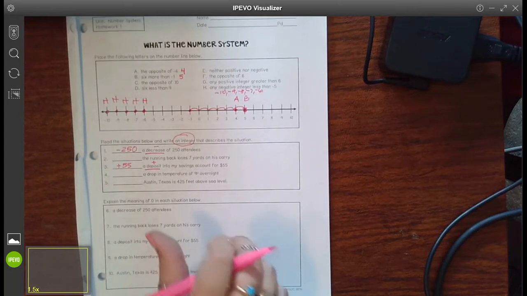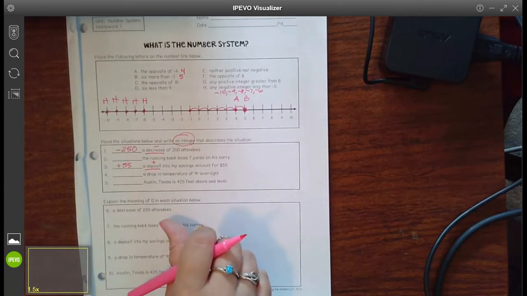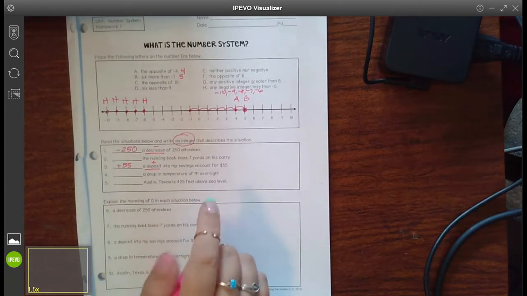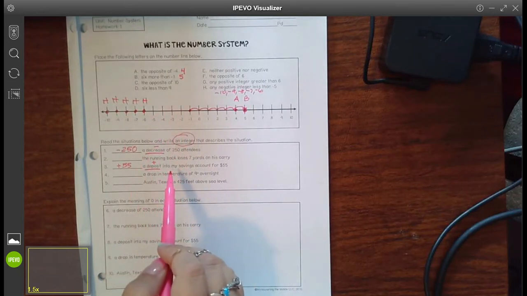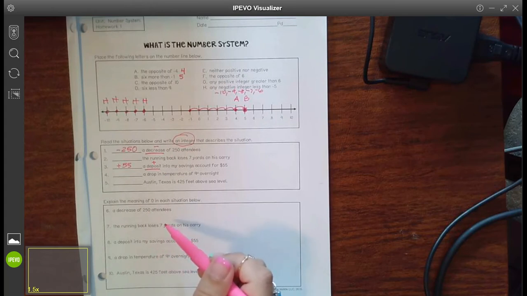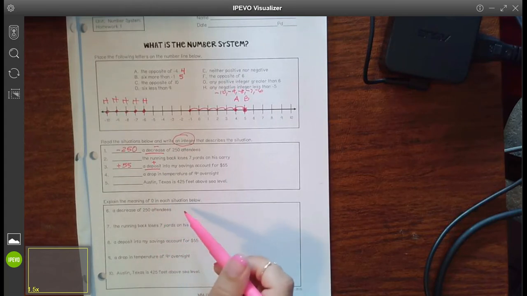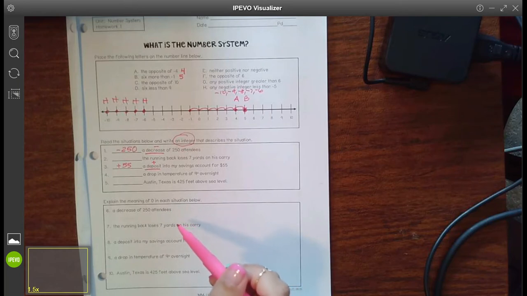Now, this bottom section, how we do this one, it's a little weird. And to be honest, we're probably only going to have the top and middle section on our quizzes and tests. This one's a little bit funky. It's just something to make you think. And what it's asking you is explain the meaning of 0 in each of these situations. So when would it have been a change of 0?